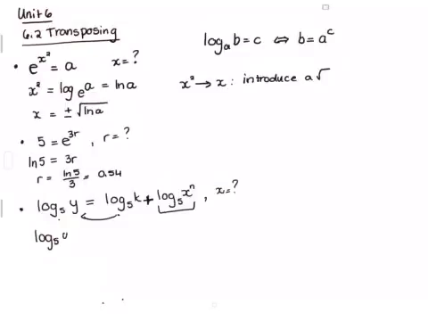Log base 5 of y minus log base 5 of k equals log base 5 of x to the n. Now what do I want? I want 1 log on the left-hand side.